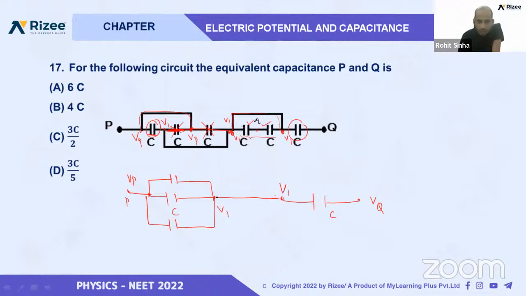What we will do? We will take two capacitors like this, both having a potential of V1. Let me draw this.